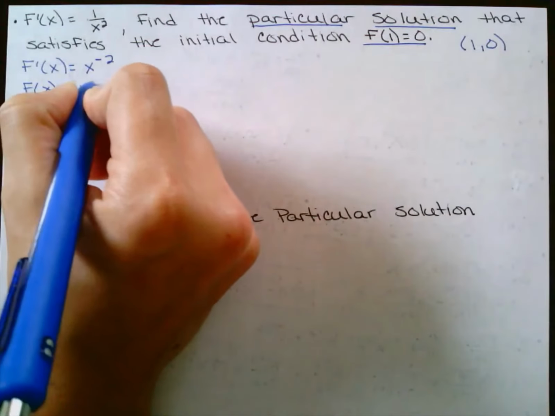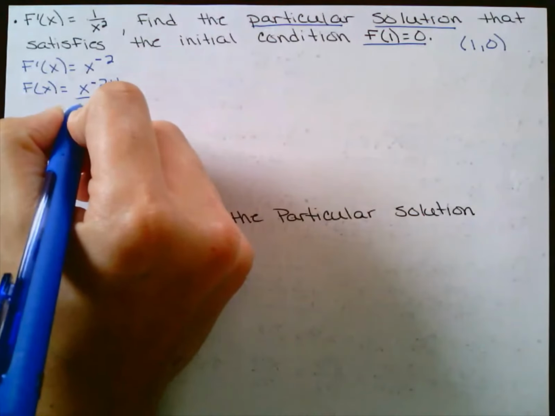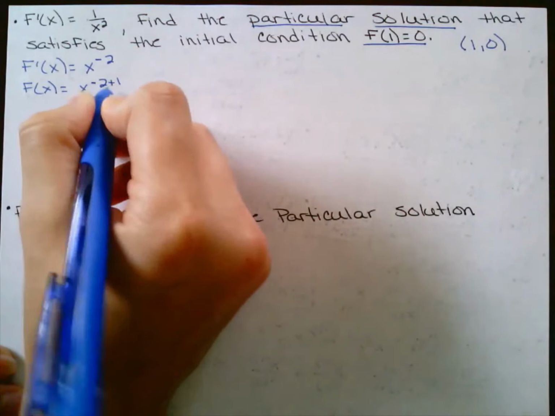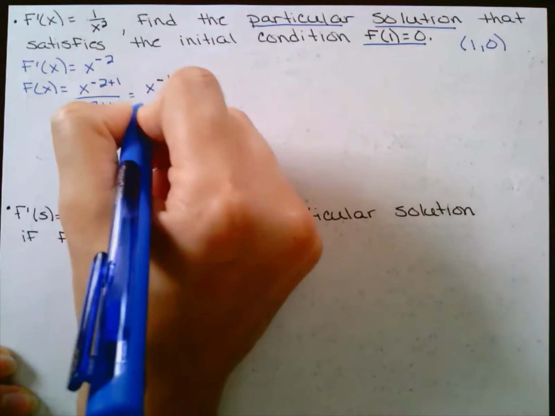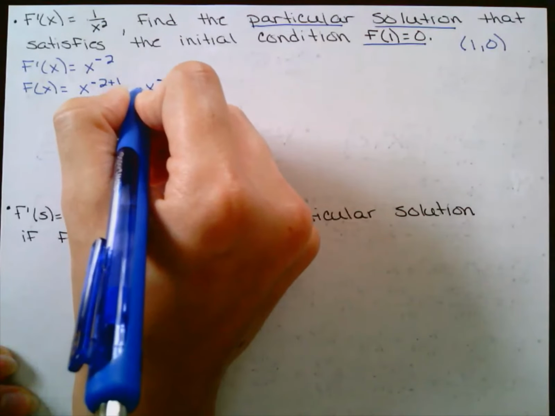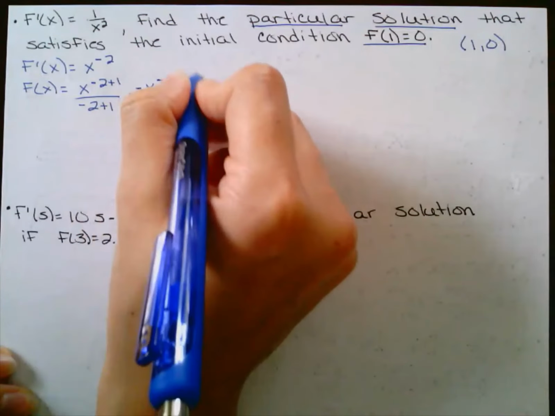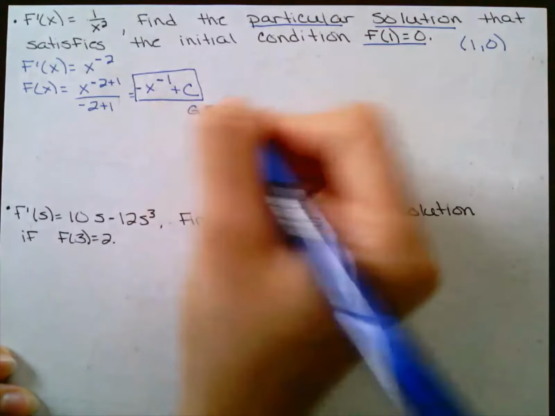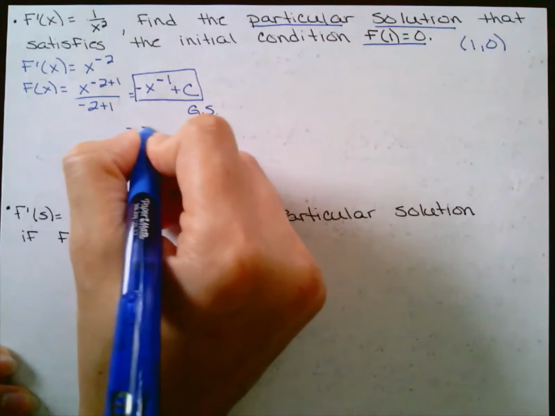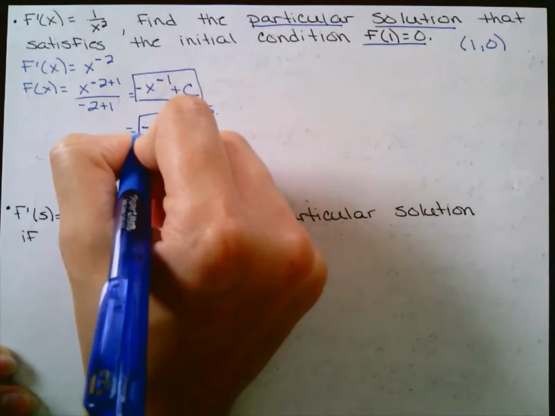I'm going to add 1 to that exponent and divide by my new exponent. Negative 2 plus 1 gives me negative 1, and divided by 1, I could just put a negative right up front, and I'm going to have my plus c. There is my general solution. I can also rewrite that as negative 1 over x plus c, okay?